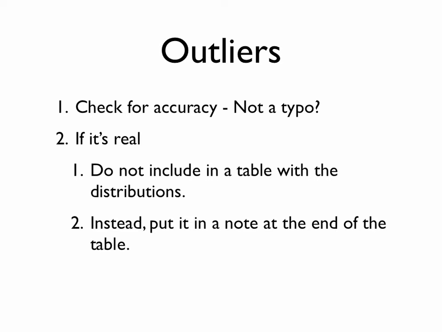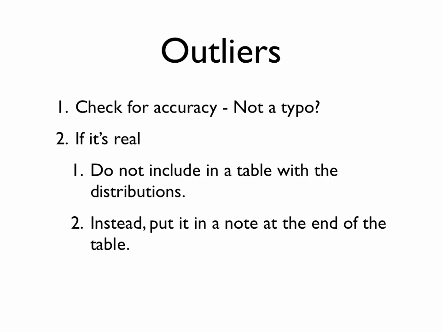So you end up with tons of empty classes, which makes the data harder to interpret. But you can't just ignore it, because it is part of the data. You have to report it. It would be misleading to not report it. So like I said, we're going to put it in a note at the end of the table, just to show that we had this data value, but not include it in the major table that we're going to create.